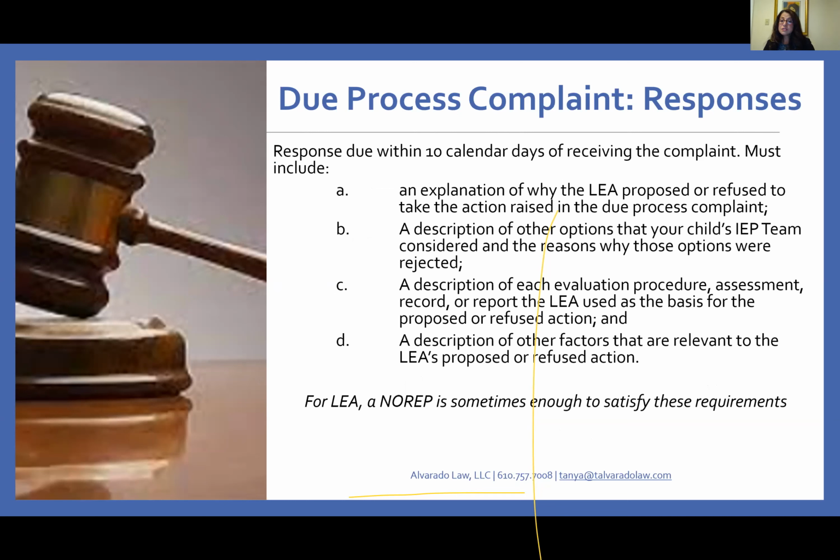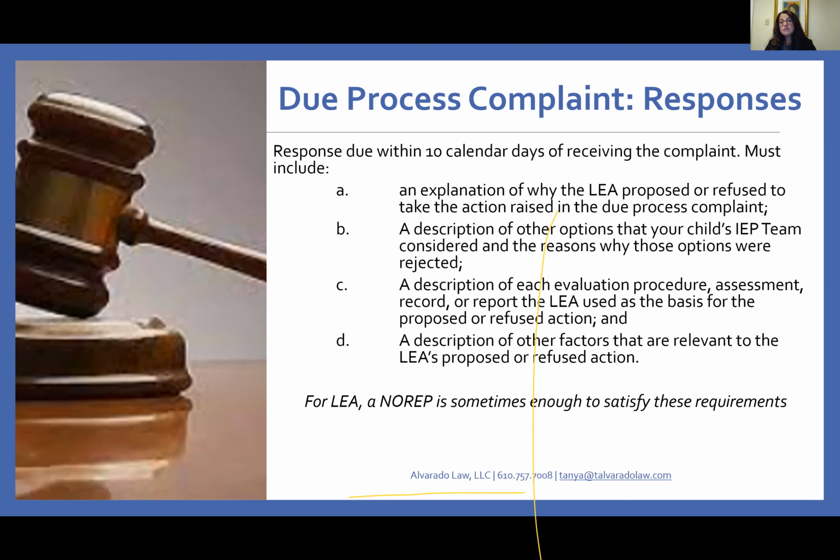The other side has to respond to your complaint within 10 calendar days. They have to explain what happened, agree or disagree with your allegations, and describe why they agree or disagree with it. For districts, typically giving you a NOREP sets forth the information that's in there.